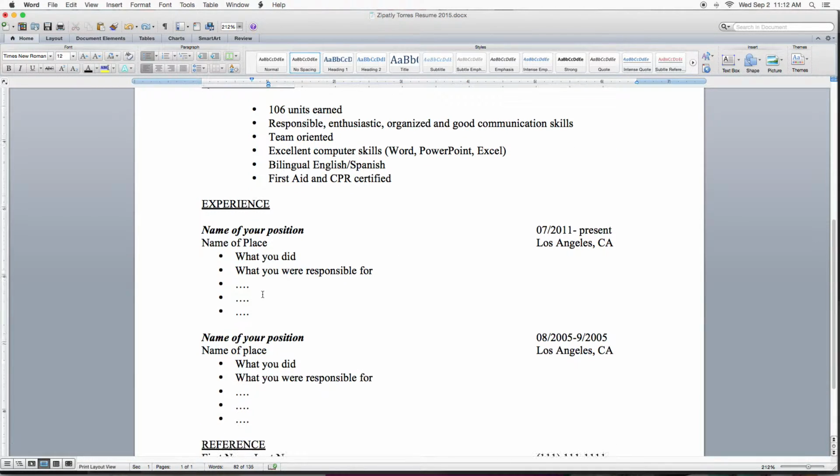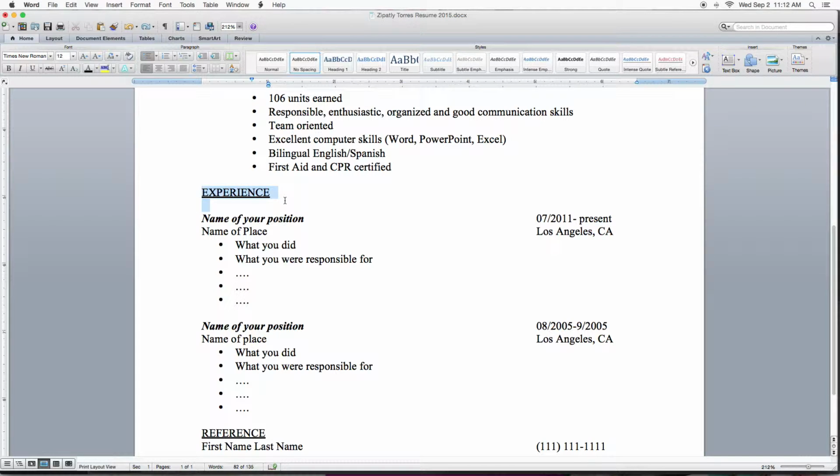The bottom part is going to include your experience, which is the next section. In this one, you want to write the name of your position, whatever you worked at, or even volunteer work. So if you volunteer at a school or something, you put volunteer and then, I don't know, tutor or something, and then you write the date and the city and the state like you did up here.